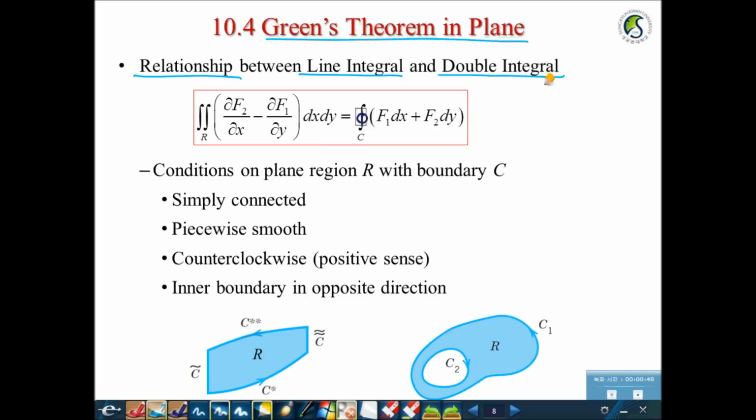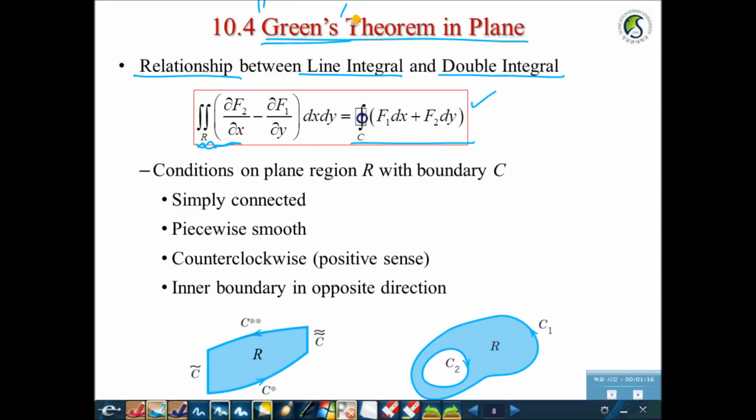If the problem is to calculate a double integral but it's hard to calculate, then you can switch to the line integral and get the answer. That should be the same. If the problem is given as a line integral and you have trouble parameterizing that curve, then you can do the double integral. That's a very powerful theorem, Green's theorem.